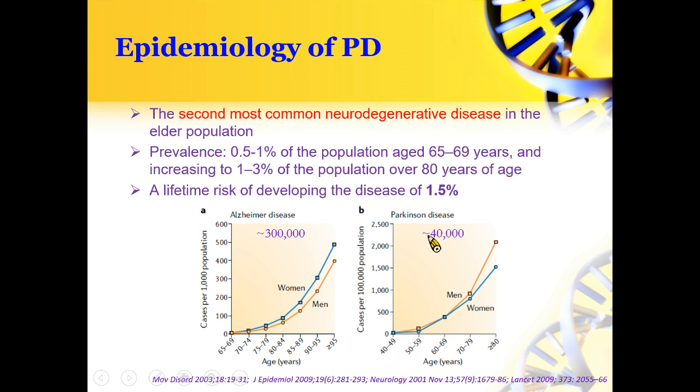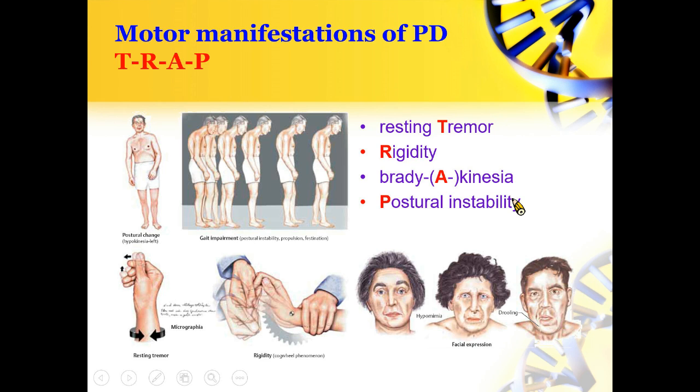The lifetime risk of developing Parkinson's disease is 1.5%. In Taiwan, there are about 40,000 patients affected by Parkinson's disease.